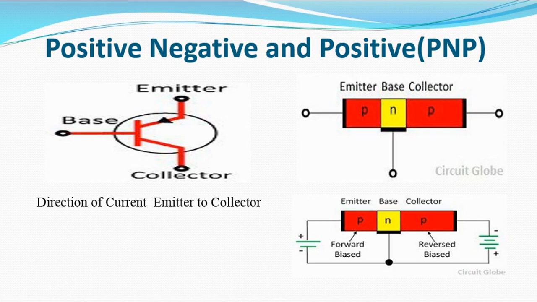ahead to other ones. In a PNP transistor, the output current exists because of the flow of holes, and in NPN it is constituted because of the flow of electrons. So that is in terms of the output.